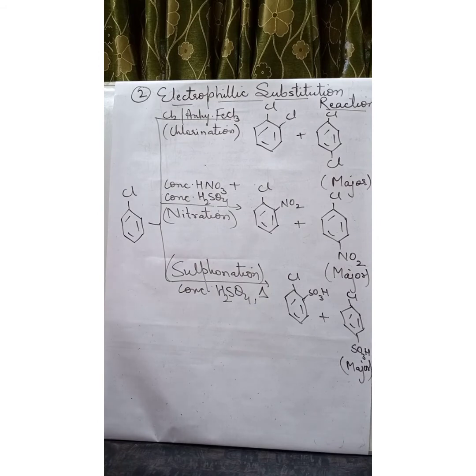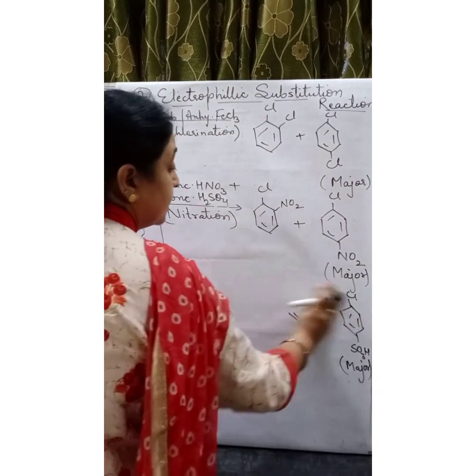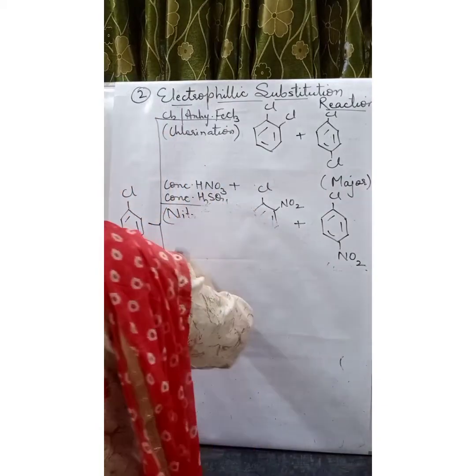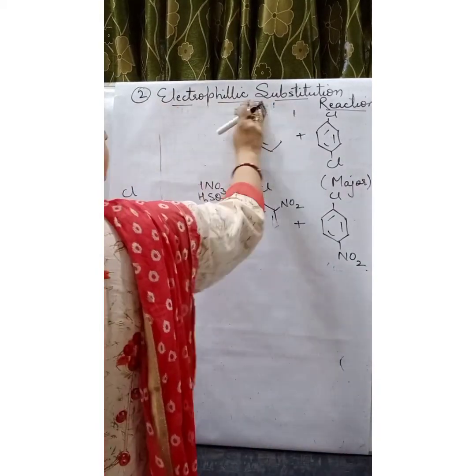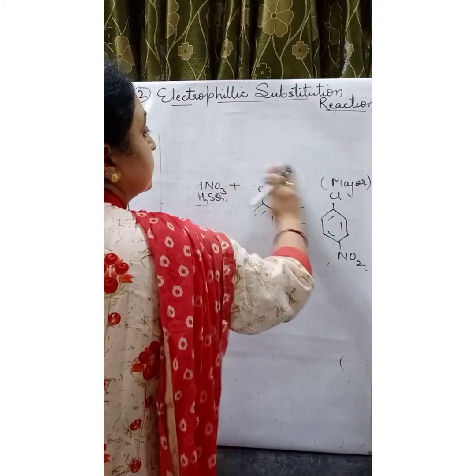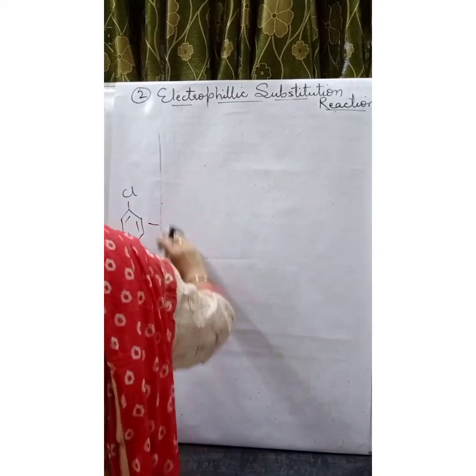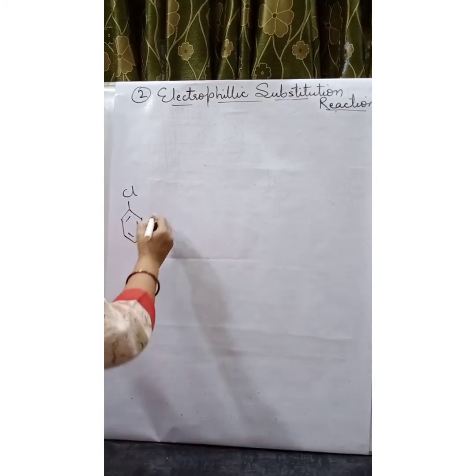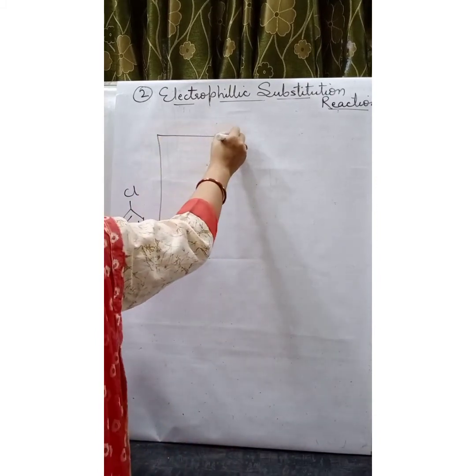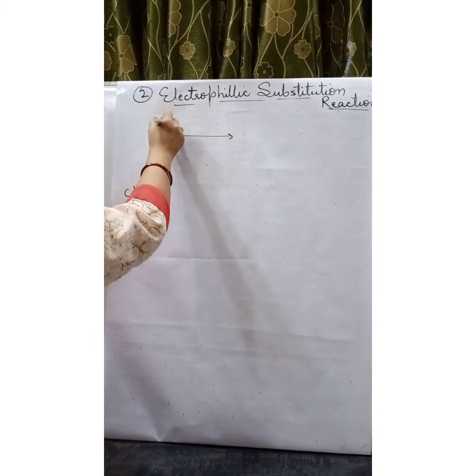Chlorobenzene also undergoes Friedel-Crafts acylation and Friedel-Crafts alkylation. Let us see it. So Friedel-Crafts is basically associated with the use of anhydrous AlCl3.